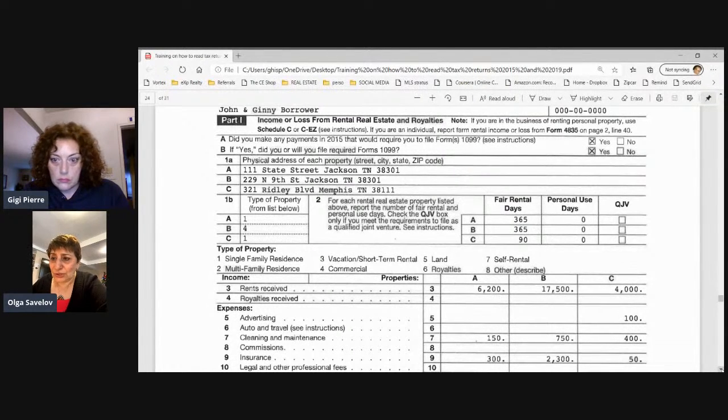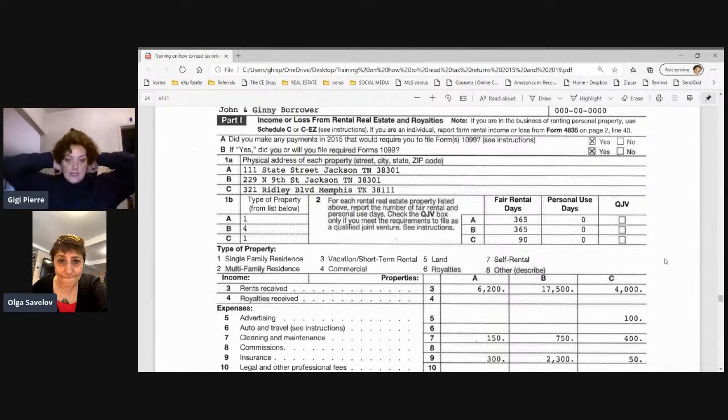Here it shows that line A was rented for 365 days, line B was rented for 365 days, but line C, which is 321 Rodney Boulevard, was only rented for 90 days. So you have your rental income, and then you have all the expenses.